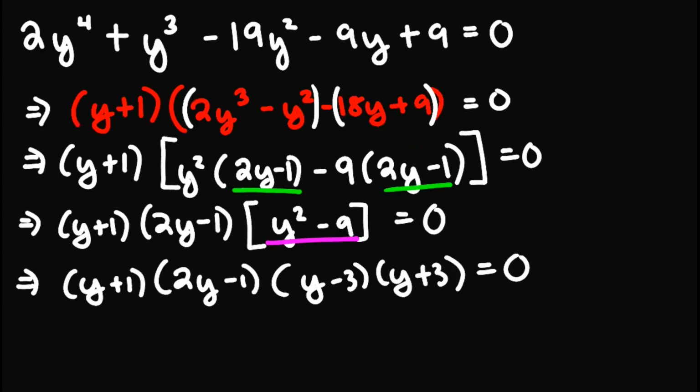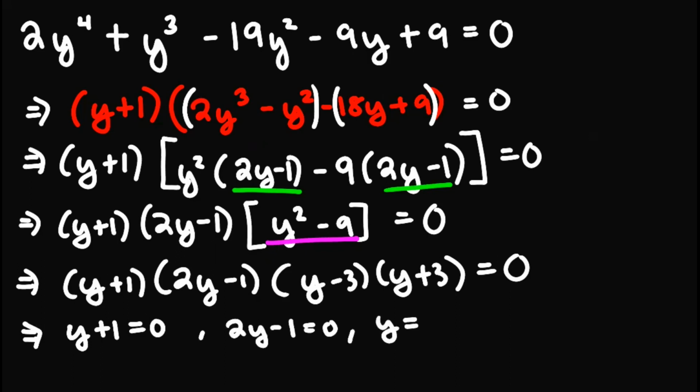And from here, all of our factors are already linear factors. So it's easy now to obtain the values or the roots in this equation. So we have either y plus 1 equals 0, 2y minus 1 equals 0, y minus 3 equals 0, or y plus 3 equals 0.